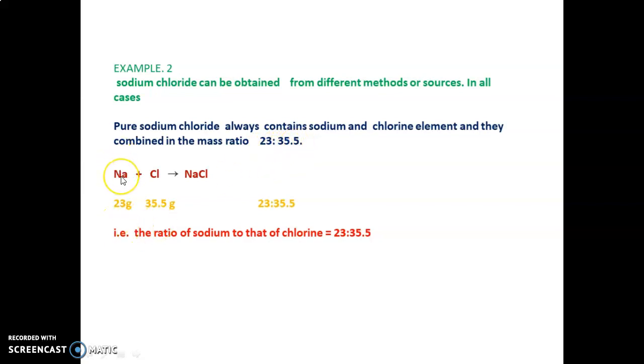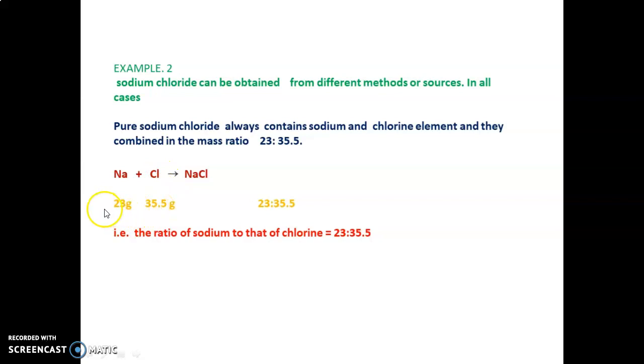When we take 1 mole of sodium, the gram molar mass of sodium, that is the mass of 1 mole of sodium, is 23 gram, and for chlorine it is 35.5 gram, that is 1 mole of chlorine atoms.